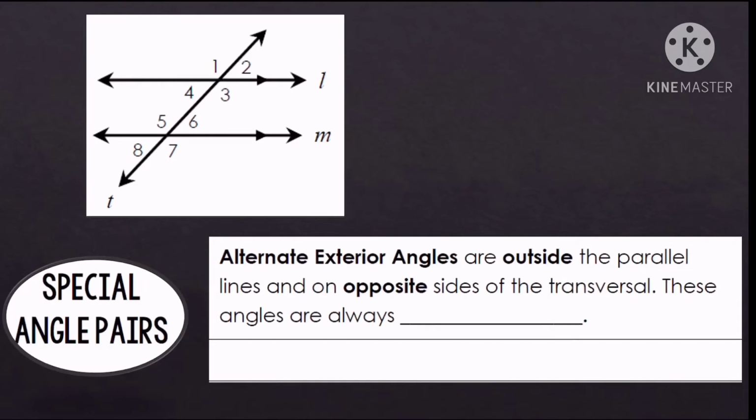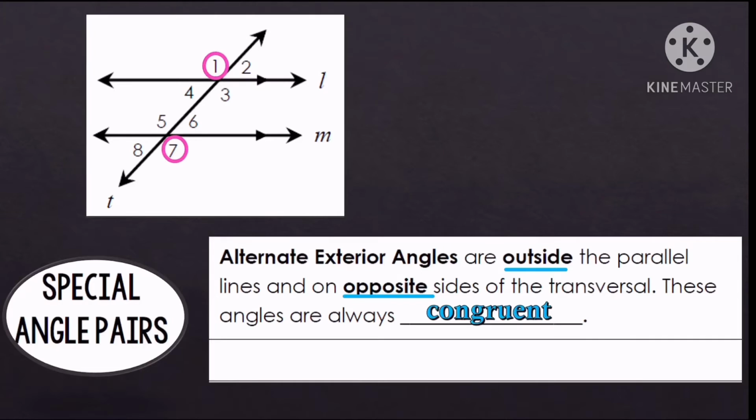Another angle relationship is called alternate exterior. And that's the same concept, except these are outside the parallel lines and on opposite sides of the transversal. These angles are also always congruent. So let's take a look. Here I have angle 1 and angle 7.